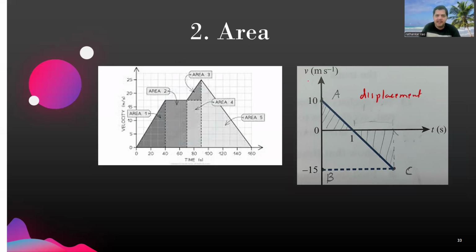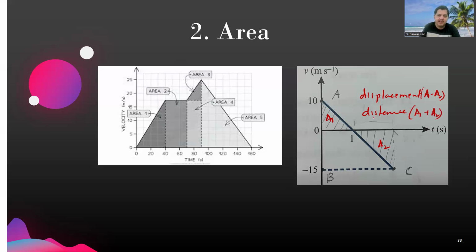If this was the speed, then speed versus time will give you, here also, the distance traveled by the particle. How do you find distance? Suppose this area is A1, this area is A2. Definitely A2 would be negative. If I take A1 minus A2, this will give you the displacement. If I take A1 plus A2, though it is negative, I consider this as positive.